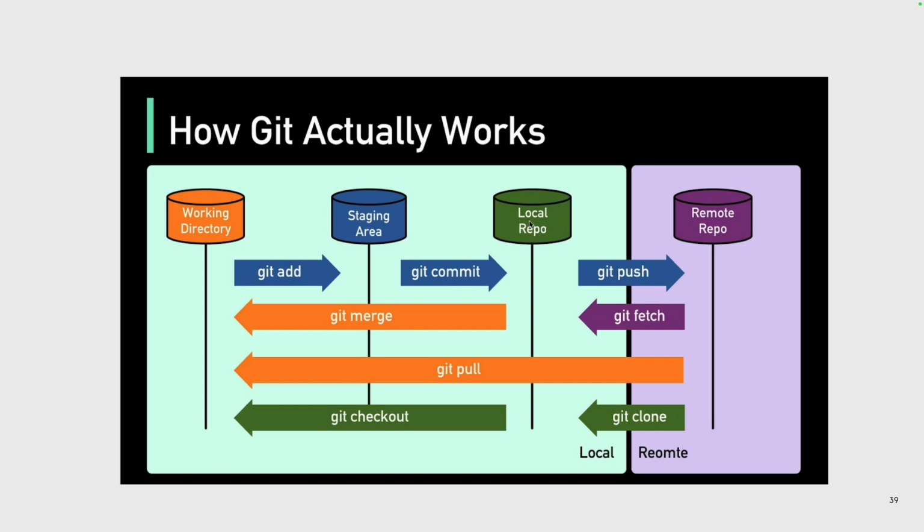From the local repository, when you push it to the remote repository, it will merge with the remote repository, that means the server. This is how Git actually works: stage 1 your working directory, stage 2 staging area, stage 3 local repository, stage 4 remote repository, which is the server.